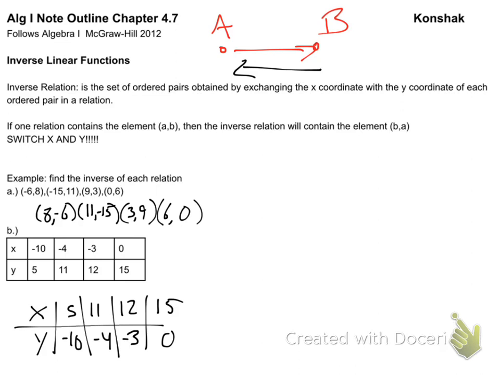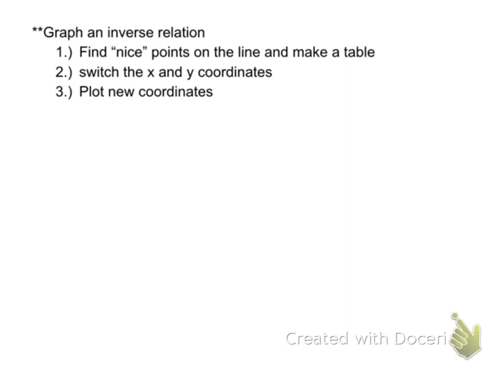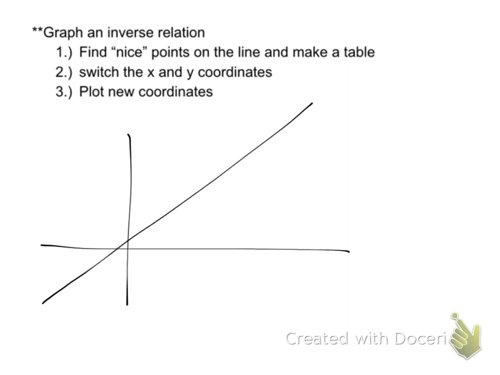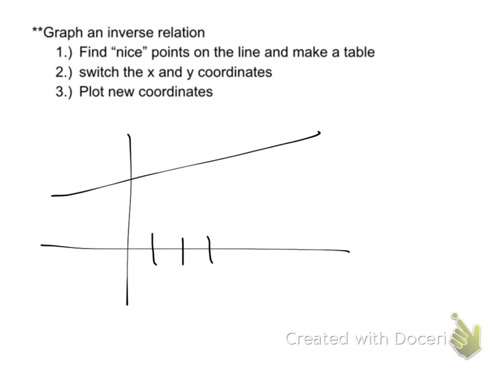It's very cool. So, to graph an inverse relationship, say you're given a graph and your line looked like this. Actually, we'll change it. What if my line looked like this? Well, then I'm just going to use the tick marks and find something that looks relatively nice.